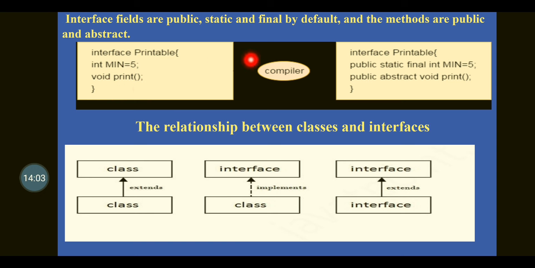The compiler automatically understands this variable min as public, static, and final. Final means constant, that is, min = 5 cannot be changed under any circumstances. Similarly, void print() will be understood by the compiler as public abstract void print().